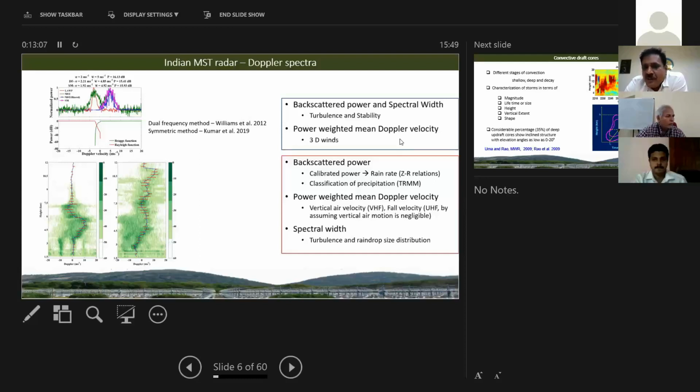In the case of clear air, the backscattered power and the spectral width we can relate to the turbulence intensity and to the stability of the atmosphere. And the mean Doppler velocity we can use to get the three-dimensional wind field.